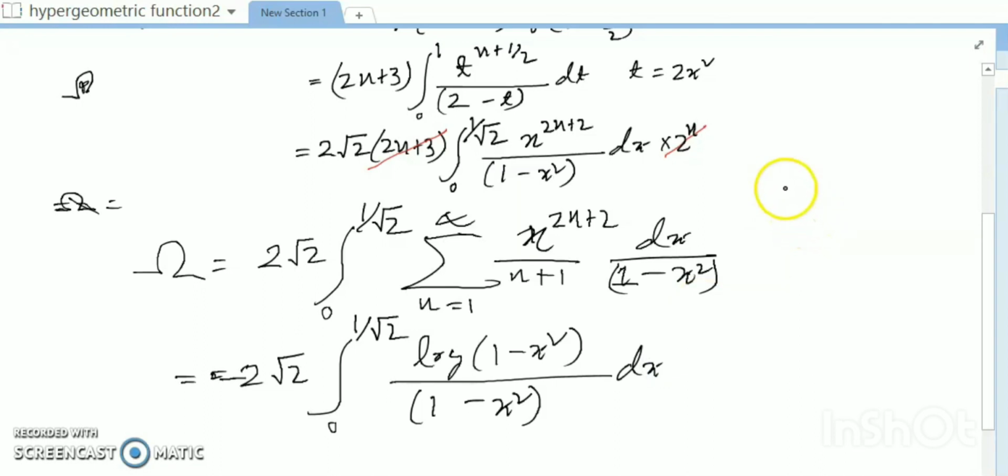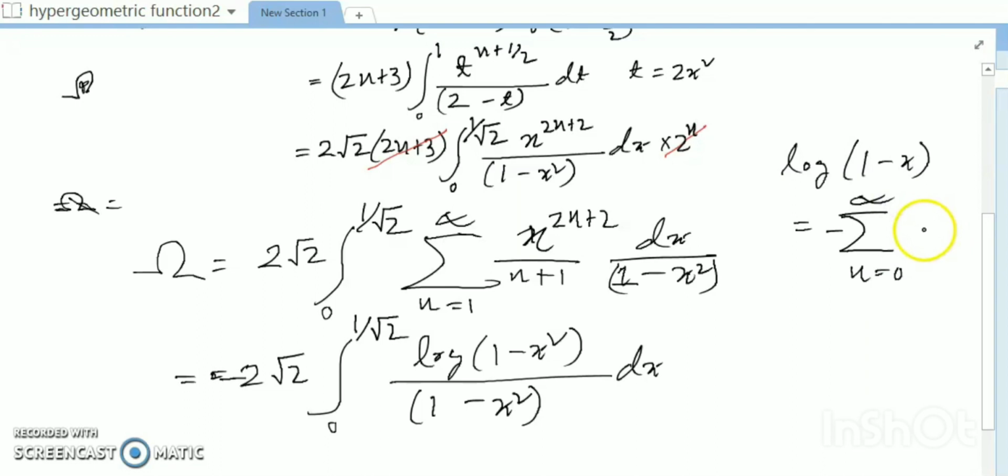Because you have to remember that log of 1 minus x equals minus summation, n equals 0 to infinity, x to the power n divided by n.